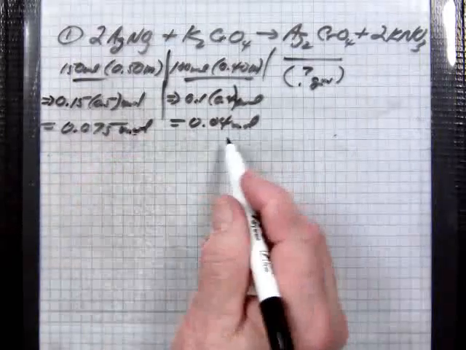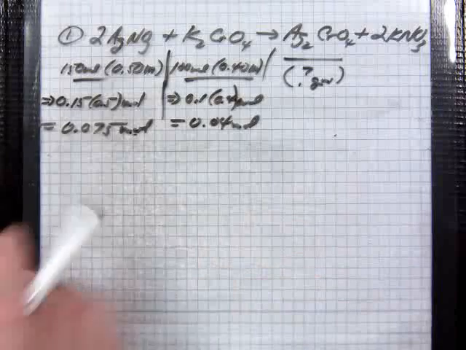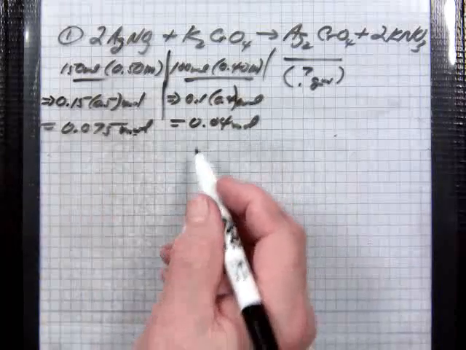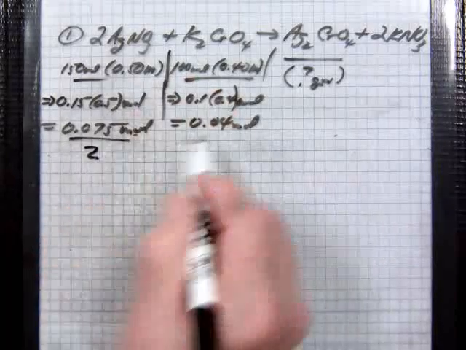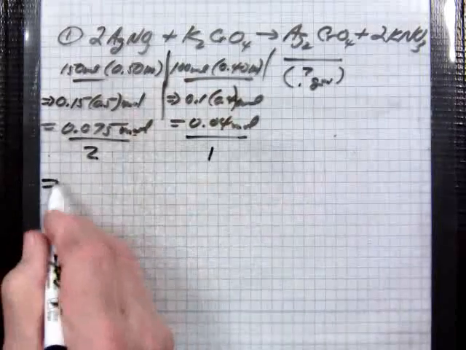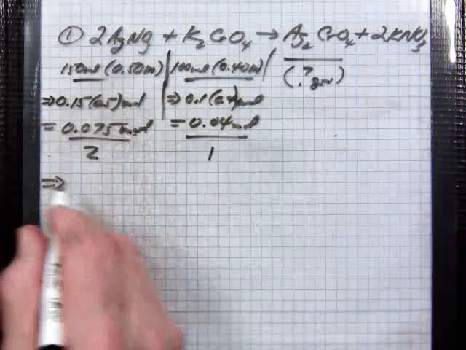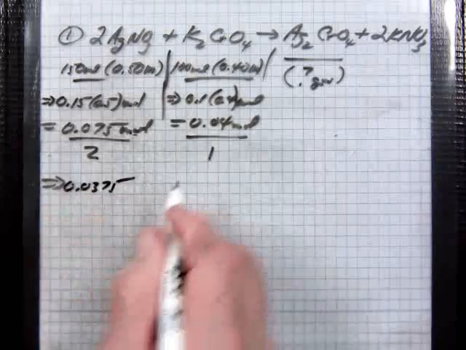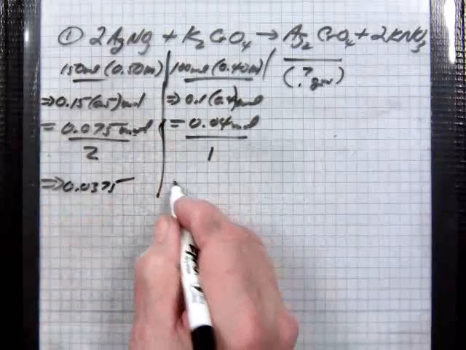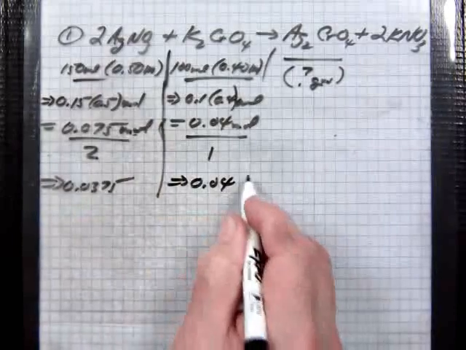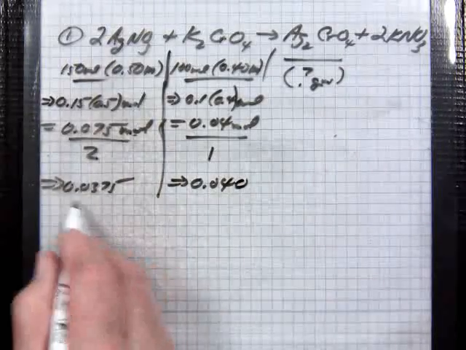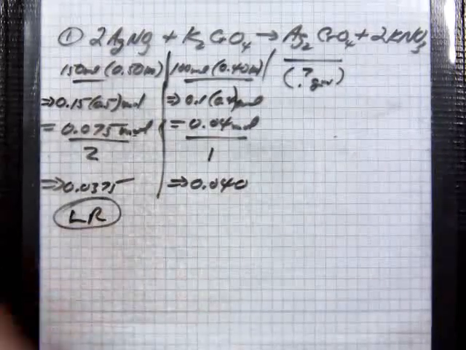So how much are you going to use, one against the other? We divide this by 2 and this one by 1, so that's 0.0375, and this one divided by 1 gives you 0.040. Well, this is your limiting reagent right here.